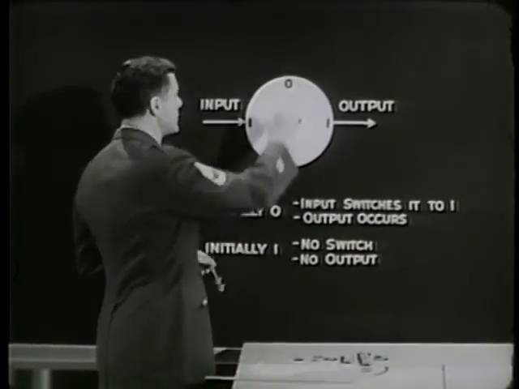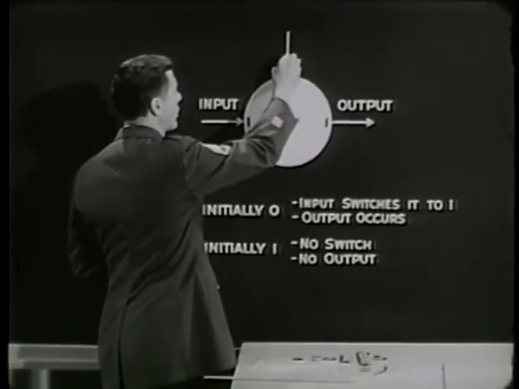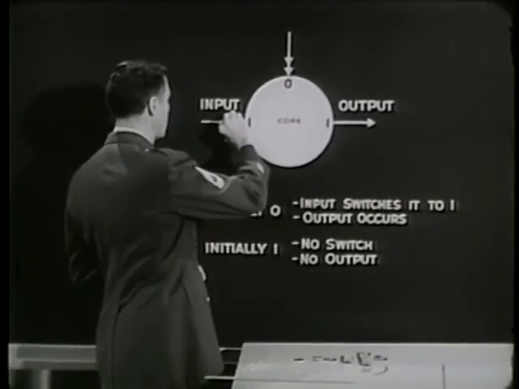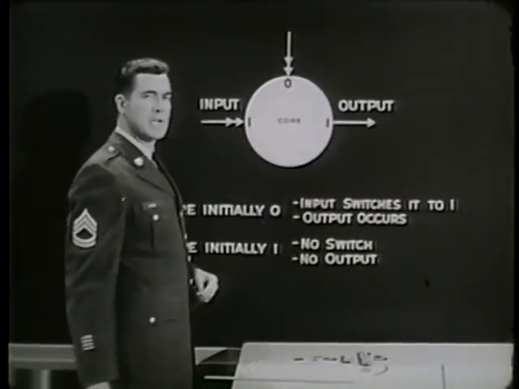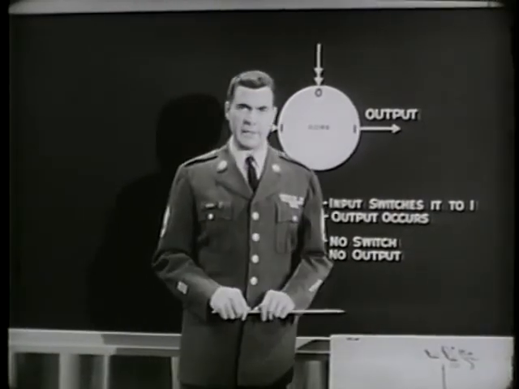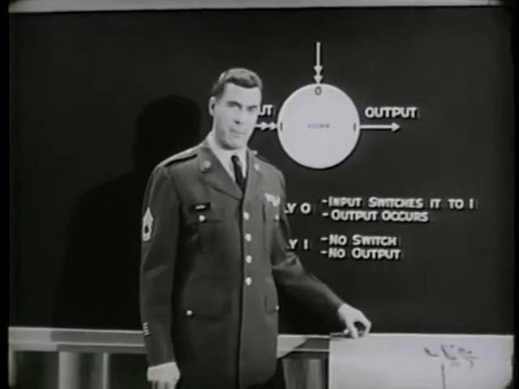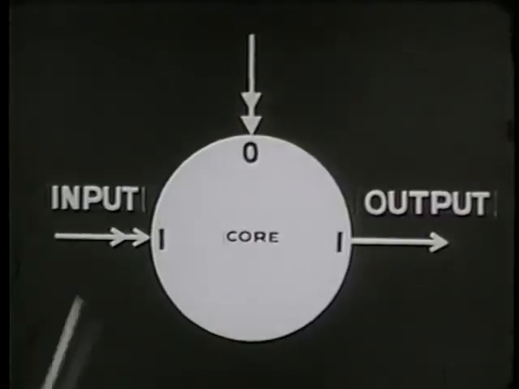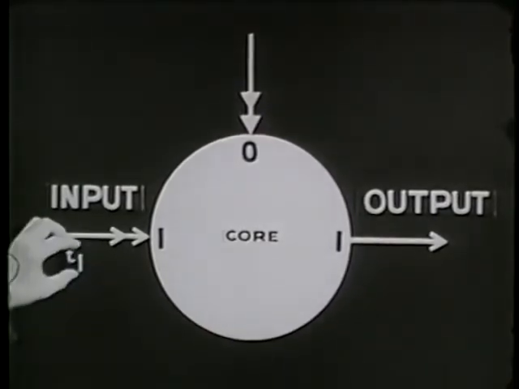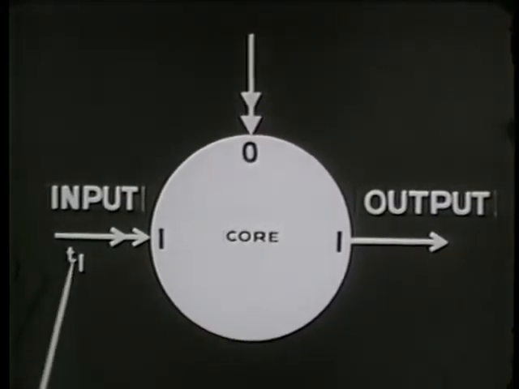Double arrowheads mean an override input, an input that will hold the core to the indicated state despite the simultaneous presence of other inputs. The letter T is used to designate time. This override pulse will hold the core to 1 at a moment in time identified as T1.